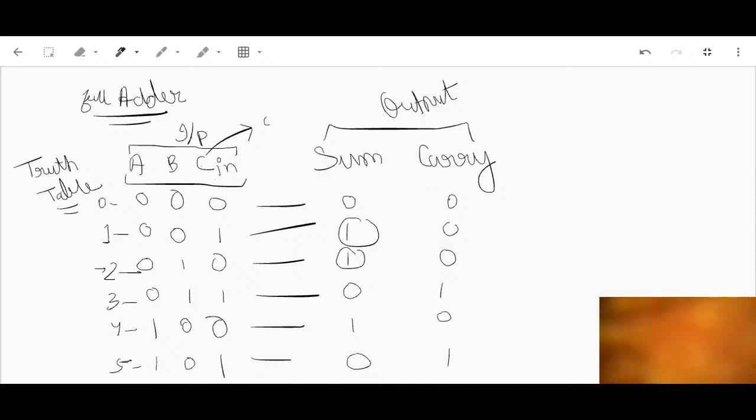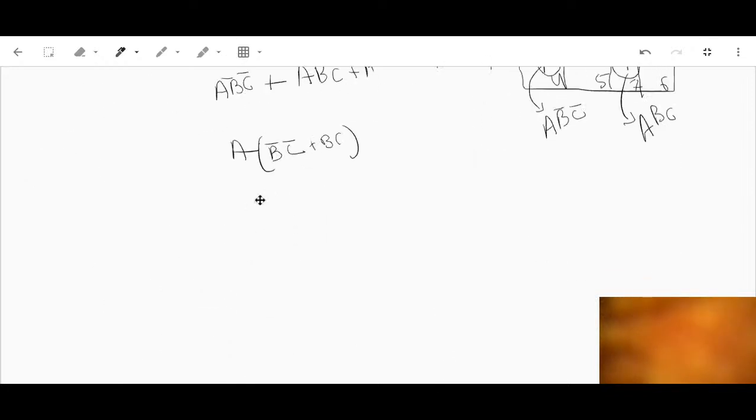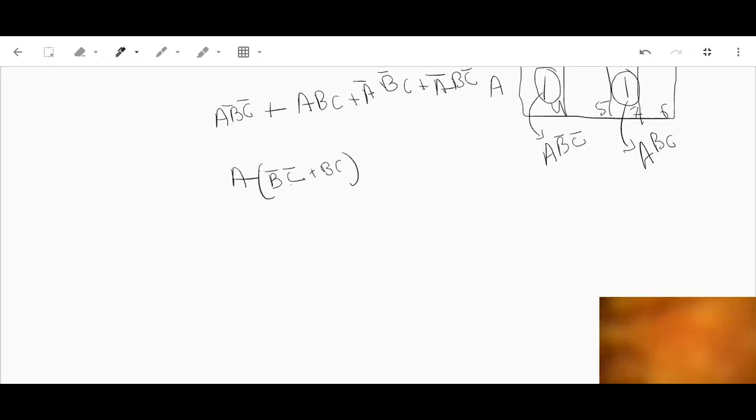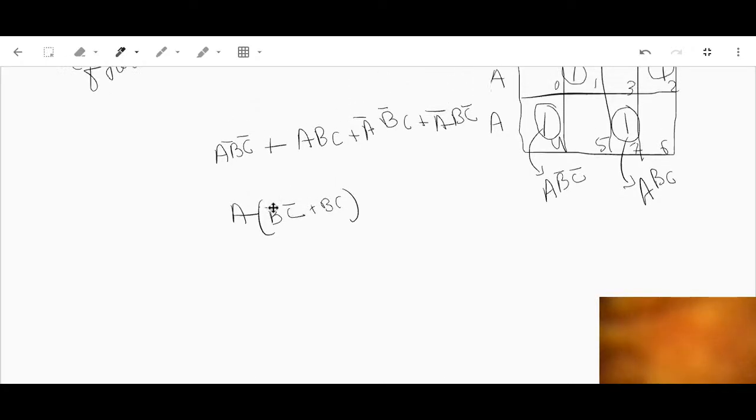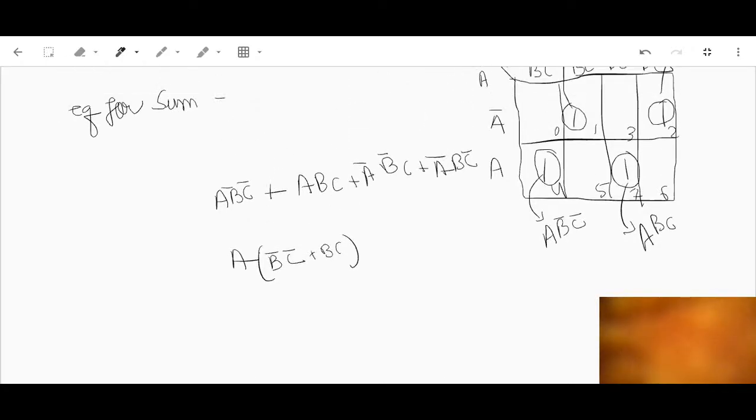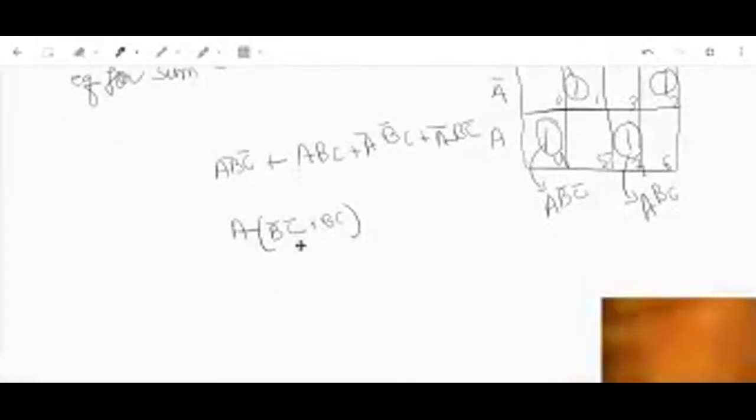Here we write C in in the place of C, we just write C. So that's why you have to change here. After solving this, here we change the C in.